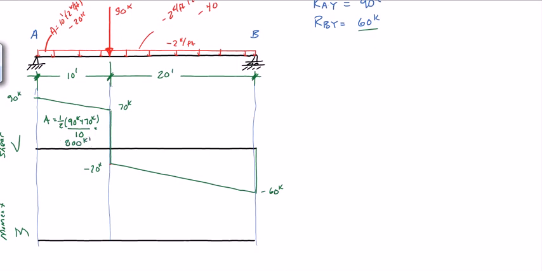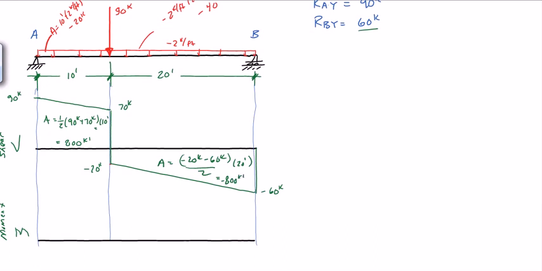Note how the units work out. That's just the area of a trapezoid. And the area of this one is minus 20 kips minus 60 kips, times 1/2, times 20 feet. And that turns out to be minus 800 kip feet as well.